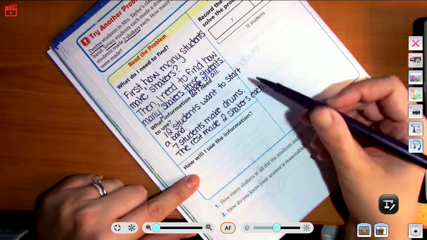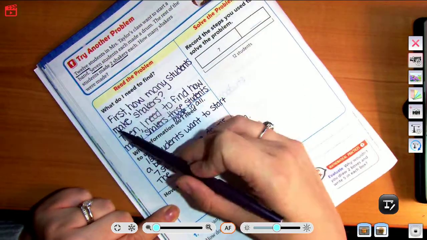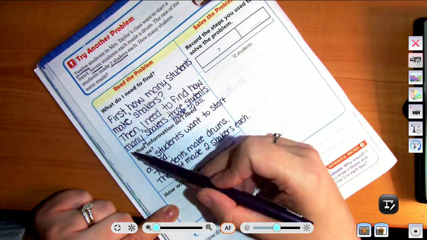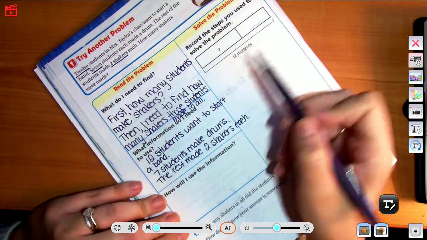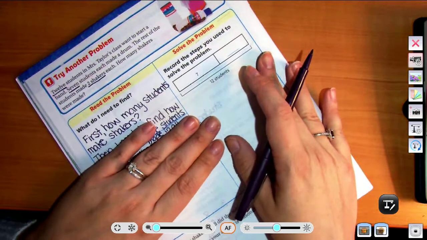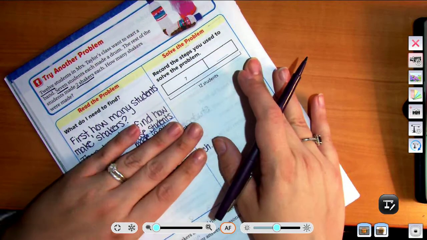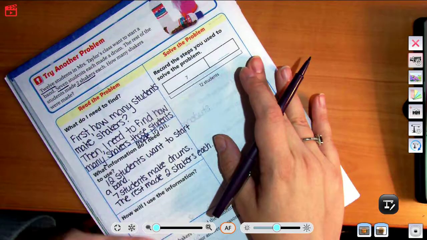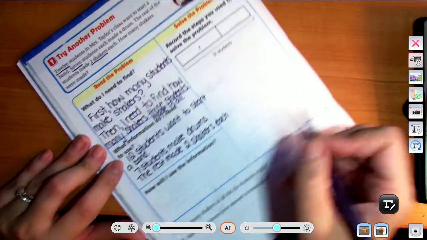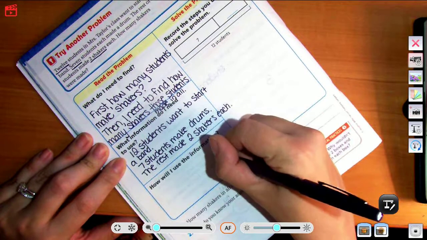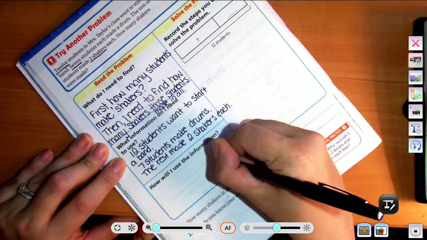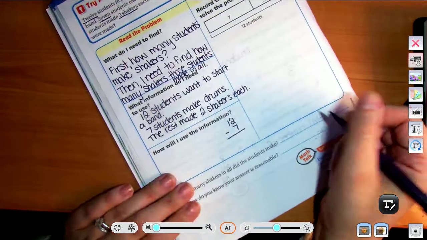Okay, so how will you use that information? Well, first you're going to find how many students make shakers. Then you need to find how many shakers those students made in all. Okay, so we're going to come over here and let's do 12 take away 7. There's a couple ways you can solve this.